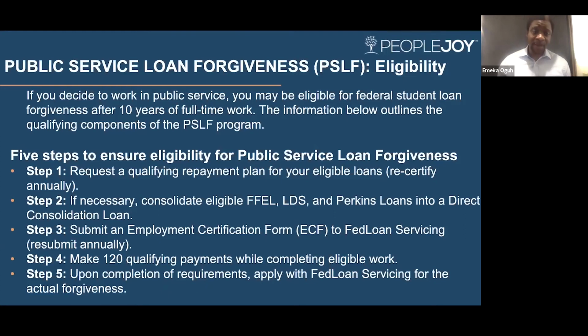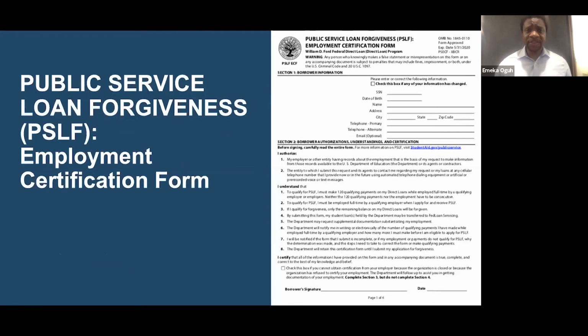And then you have to make 120 on-time monthly payments while working at a qualifying institution. And then once you've done that, you will then apply with Fed Loan Servicing for actual forgiveness of your student loans.